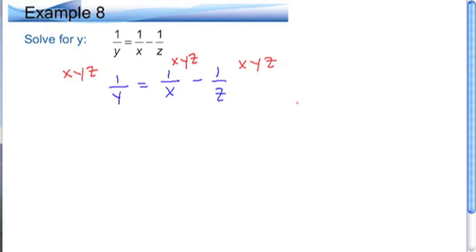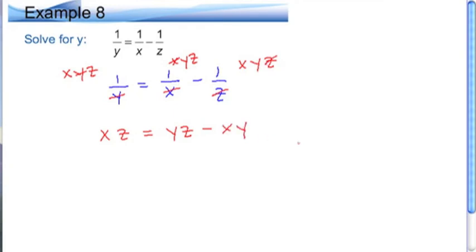Then I'm going to simplify this by canceling the y's, leaving me with x times z times 1. And that equals, on this side, the x's cancel, leaving me with y times z, minus, here for this term, the z's cancel, leaving me with xy.